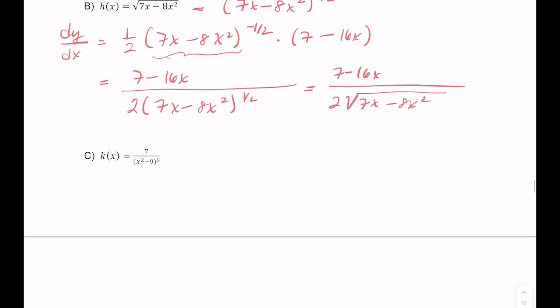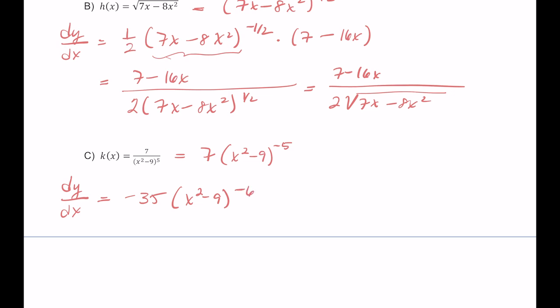Okay, here's another one. So again, I want to do a rewrite here, and in order to use the chain rule, I'm going to take the x squared minus 9 to the 5th and put it on top by making it a negative 5. Now I can use the chain rule. So I'm going to multiply the negative 5 times 7, which will give me negative 35. And then it's going to be times x squared minus 9. Negative 5 minus 1 is negative 6.